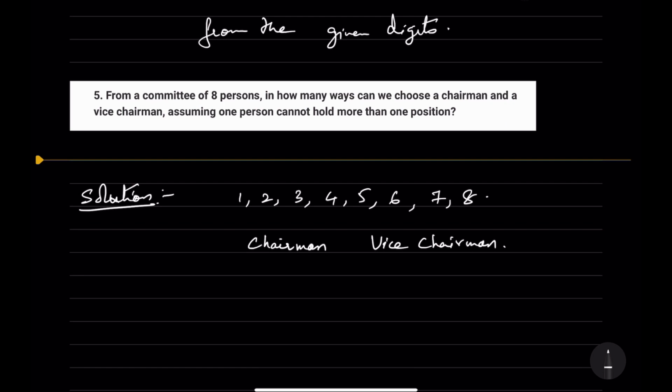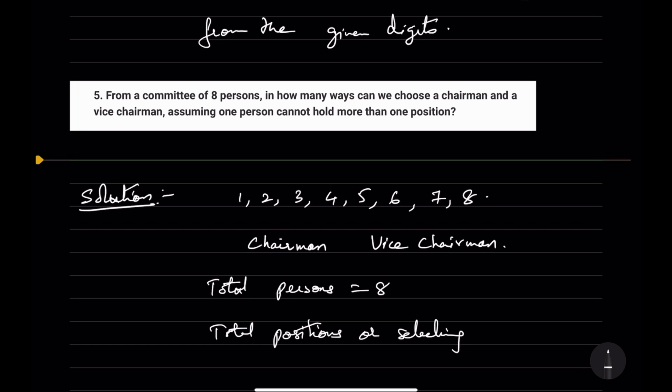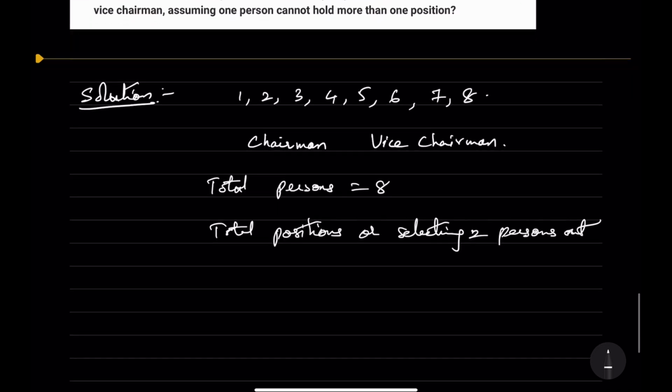So here you can do it by multiplication principle also. So now we have the total number of persons equal to 8, and we are selecting 2 persons out of 8 persons.